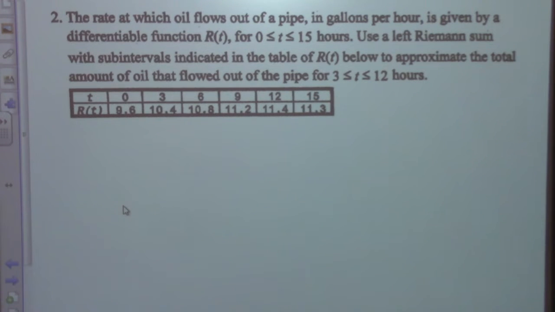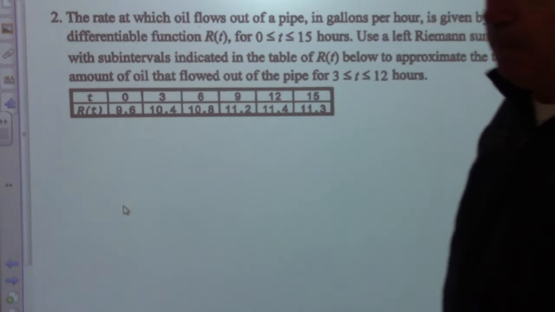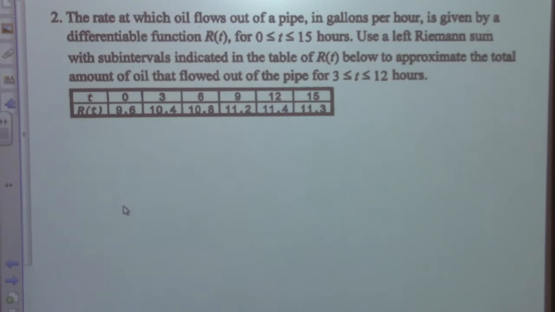And the song does actually have to do with what we started talking about yesterday, which was, you're given this table right here, and this table is of what? Numbers which represent a function, which represents a graph.